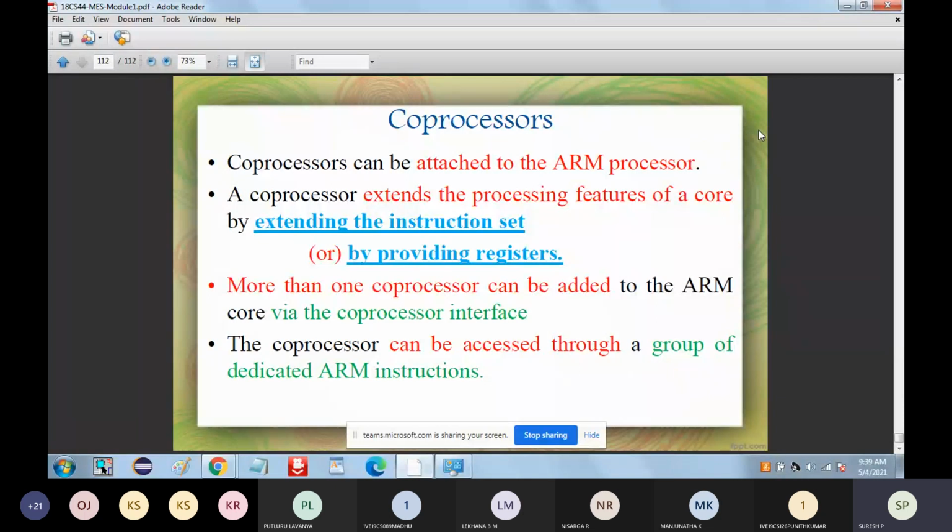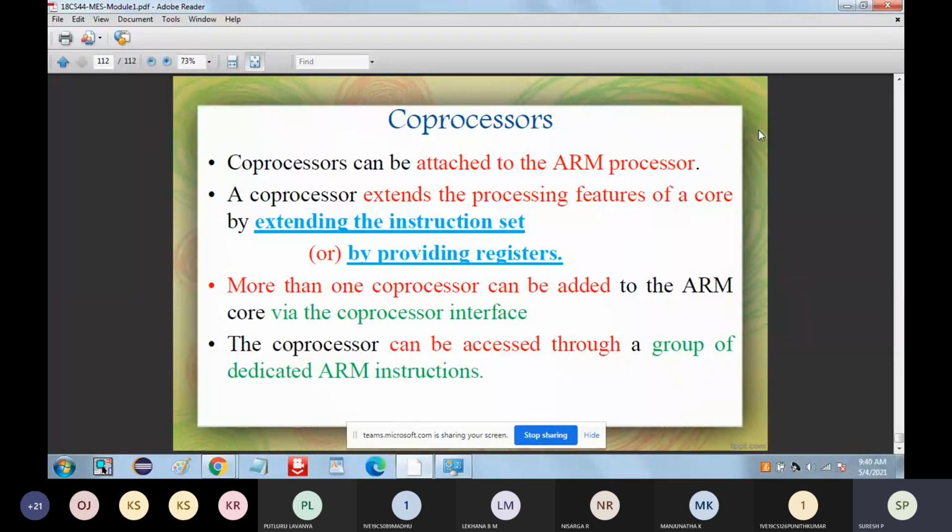So it has to extend the instruction set, along with the instruction set supported by your ARM processor, the instruction set supported by the attached processor.